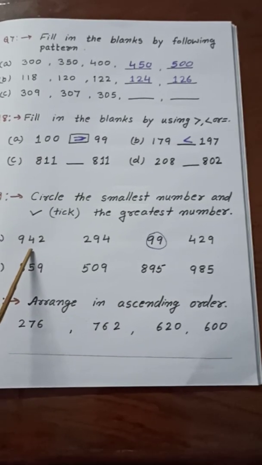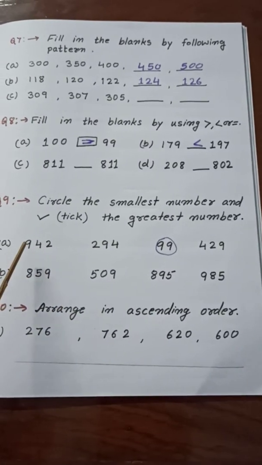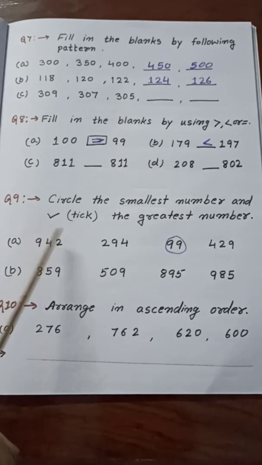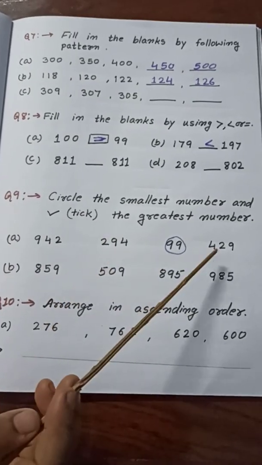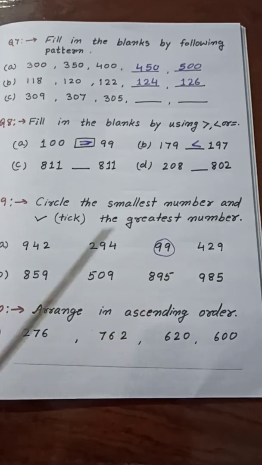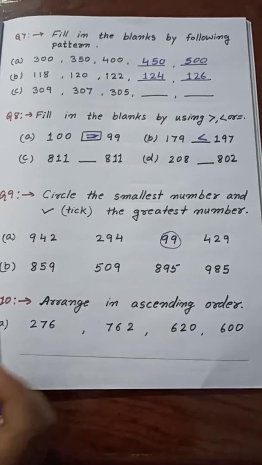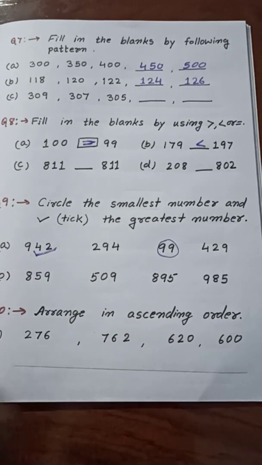So the digits are the same. Now in our second step we will see the 100 place. Here is 9, here is 2 and here is 4. So which is the greatest number? 9. So 942 is the greatest number. So we put a tick mark.